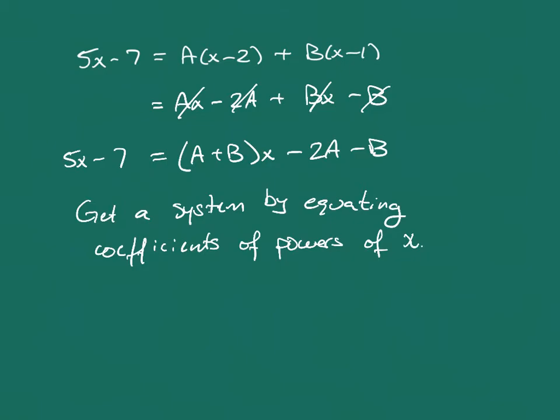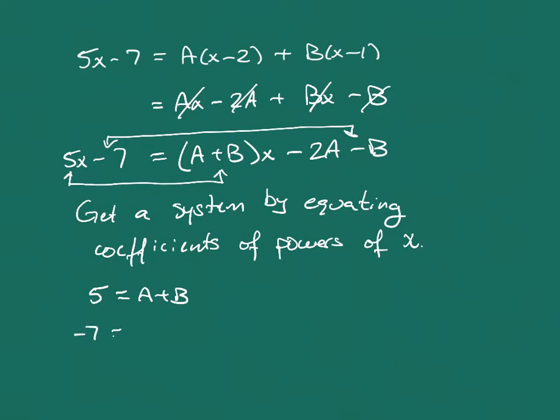And so I look at 5 and A + B. So I have one equation that says 5 is going to be A + B. And then I have another equation where I equate the constants. So I've got a constant of -7, and what is my constant on the right-hand side? -2A - B. And so now I have reduced this problem of figuring out what A and B are to a system of equations.